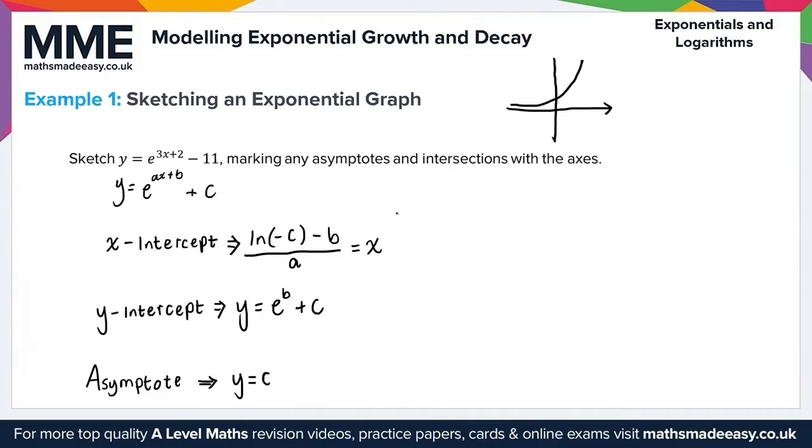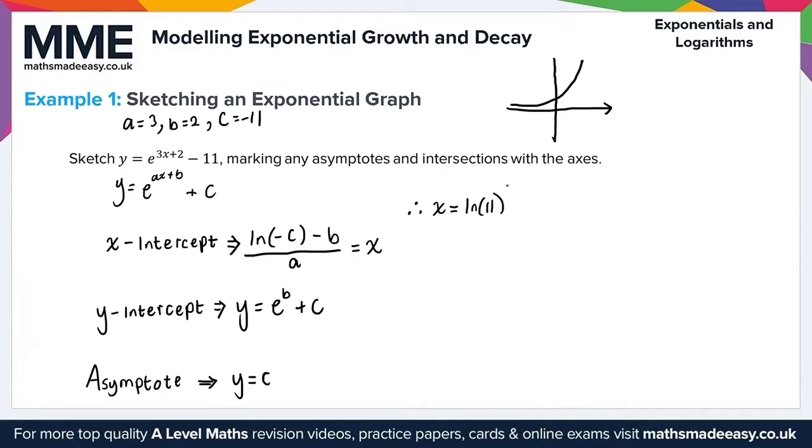So x is going to be equal to the natural logarithm of minus c. In our case, a is 3, b is 2, and c is minus 11. So if we take the natural logarithm of minus minus 11, that's the natural logarithm of 11.